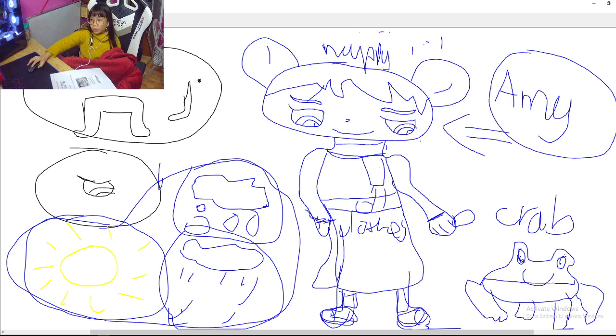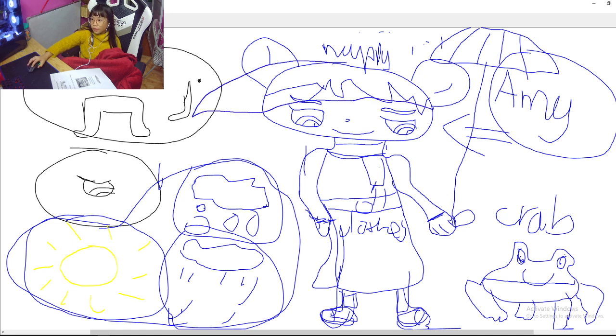Or if it was raining, you can put an umbrella here for her. And she's not wet. Perhaps she's not going to wear a scarf, no. She's going to wear a raincoat, rain boots, maybe hats for that too.